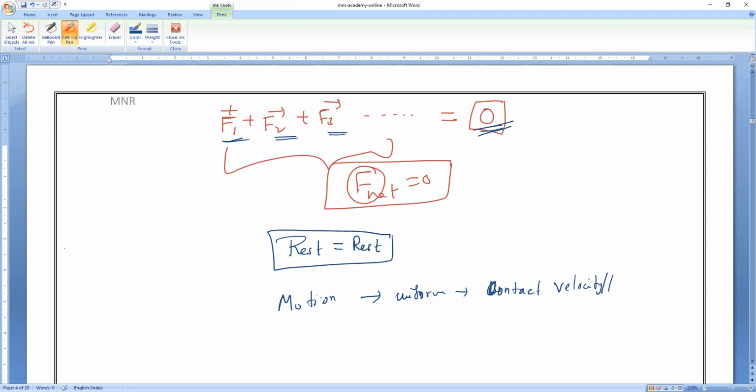As we all know, if you take speed, is there any change in direction? Velocity means every time the direction may change. So the object which is in motion remains in motion, and the object in a state of rest remains in a state of rest, unless affected by an external force.